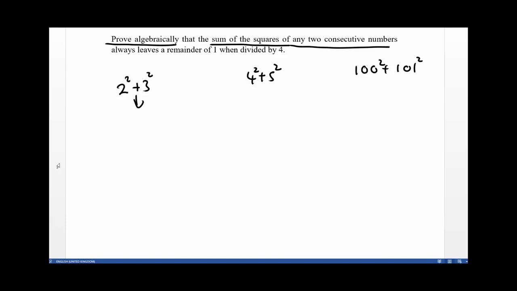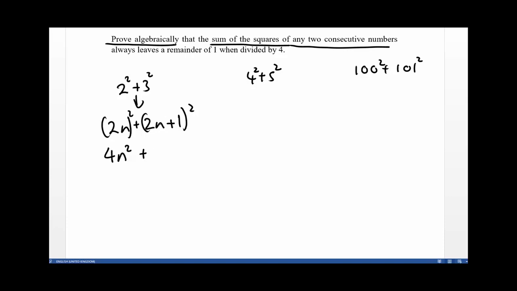Hopefully some of you can remember how we wrote number 2 algebraically. We did it as 2n. The next one would be 2n plus 1 because that would be a consecutive number. And we're going to add them together. But they're asking us to sum up, they want the sum of squares, not these. So we want to square them. So let's do that now. 2n, if we square it, we're going to get 4n squared.